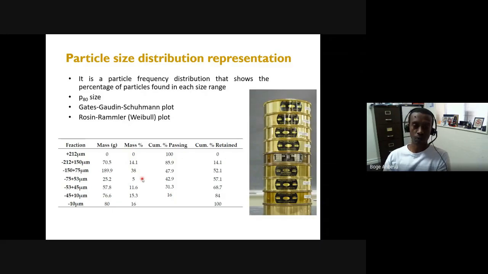So I expect you to calculate and complete this table based on these two columns that are given to you. You can do these two columns in the lab, then you need to learn how to complete these three columns.